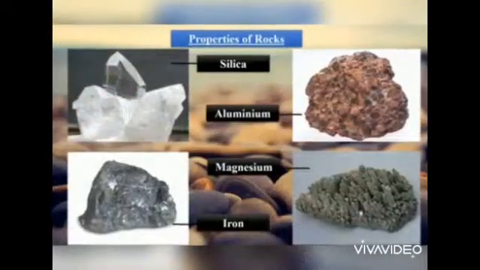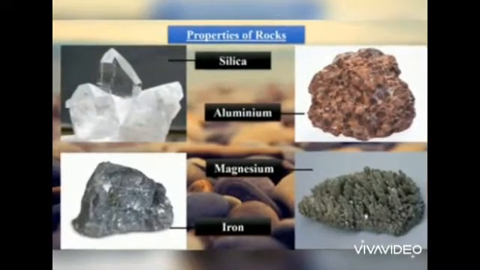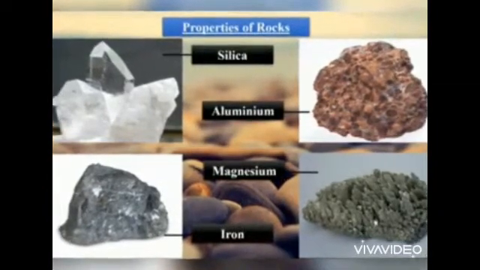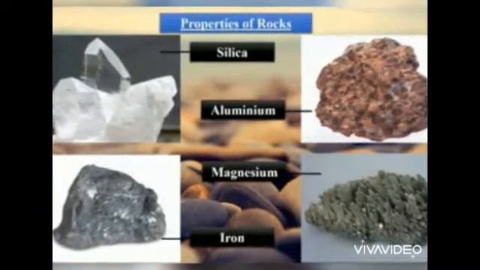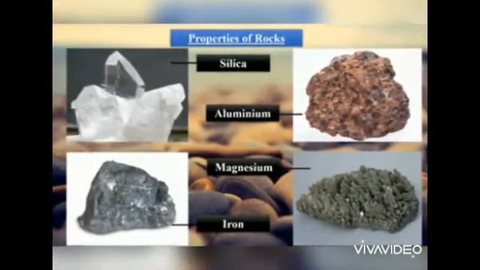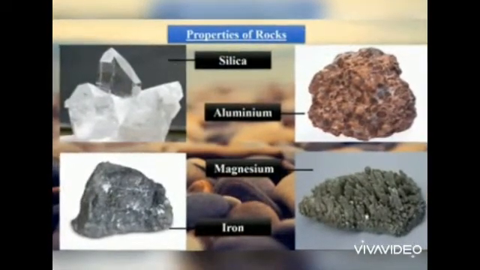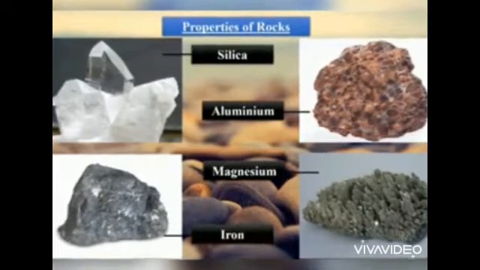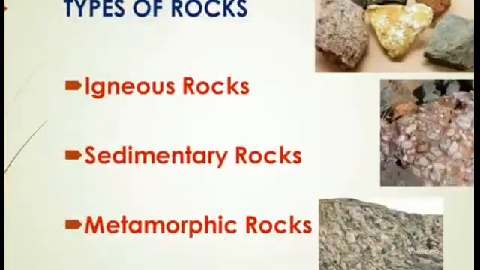Silica, aluminium, magnesium, and iron are the major rock forming minerals. There are other minerals too in different rocks. There are three main types of rocks: igneous rocks, sedimentary rocks, and metamorphic rocks.